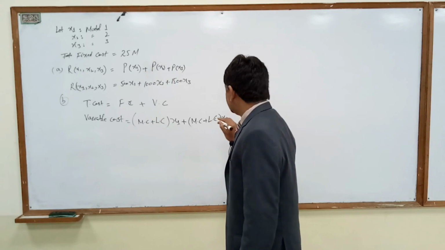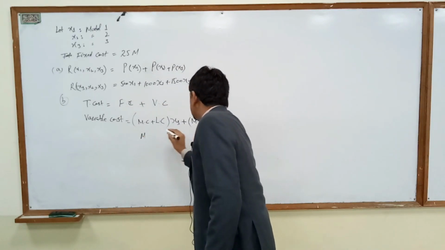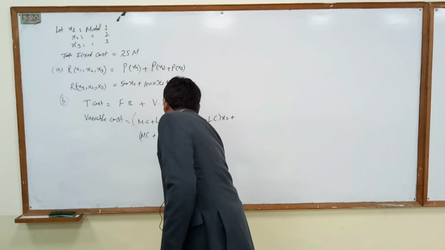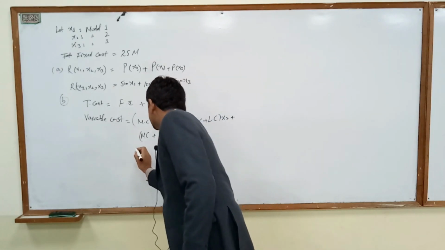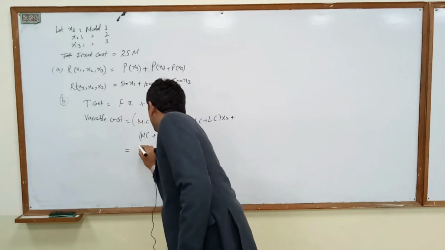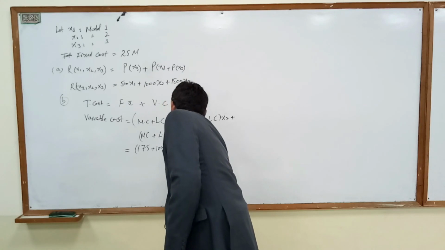Then we can write material cost plus labor cost of X3. Okay, students? Yes. So what is material cost of X1? 175. And what is labor cost? 100. Plus 100 into X1.